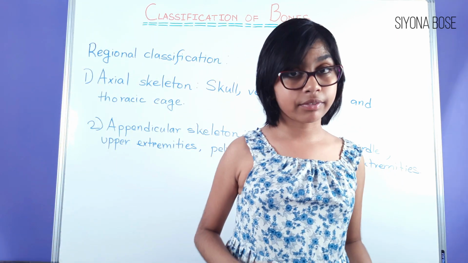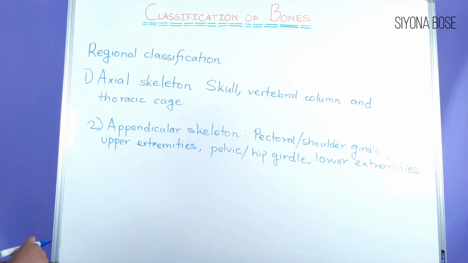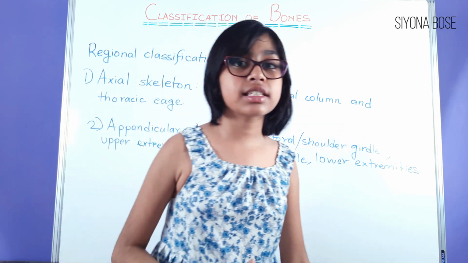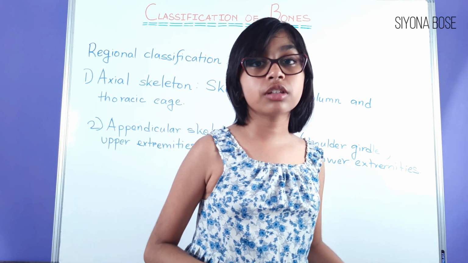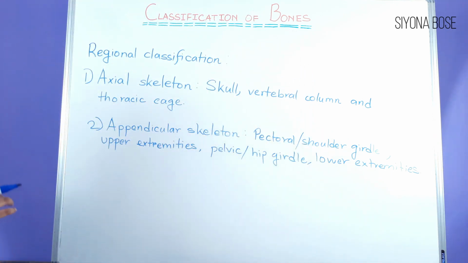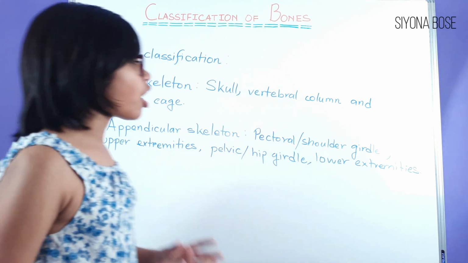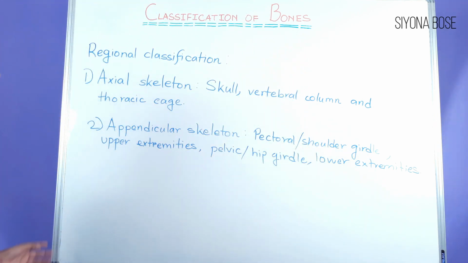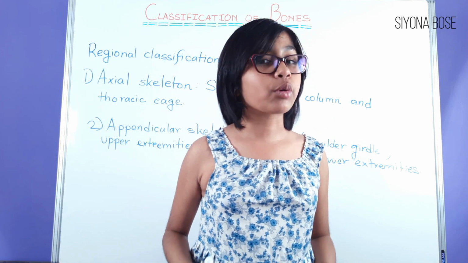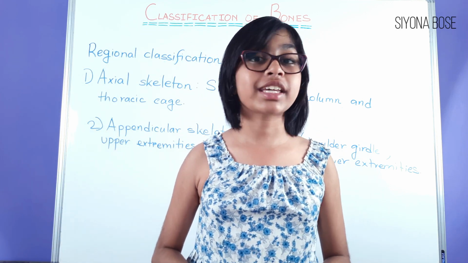We can have a short revision of regional classification. Regional classification is divided into axial skeleton and appendicular skeleton. The axial skeleton consists of the skull, vertebral column, and thoracic cage, and the appendicular skeleton consists of the pectoral or shoulder girdle, upper extremities, pelvic or hip girdle, and lower extremities. Now you may take a look at the board.